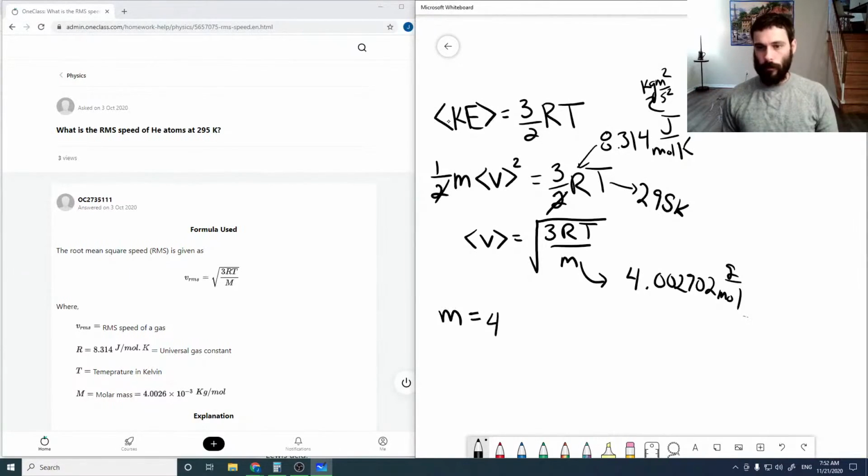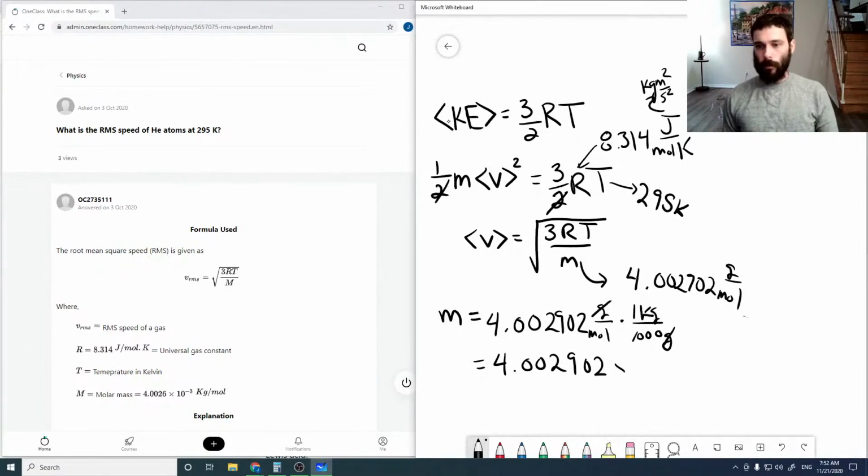So we need to multiply by 1 kilogram per 1,000 grams. So the grams cancel. And then this is 4.002902 times 10 to the minus 3 kilograms per mole.